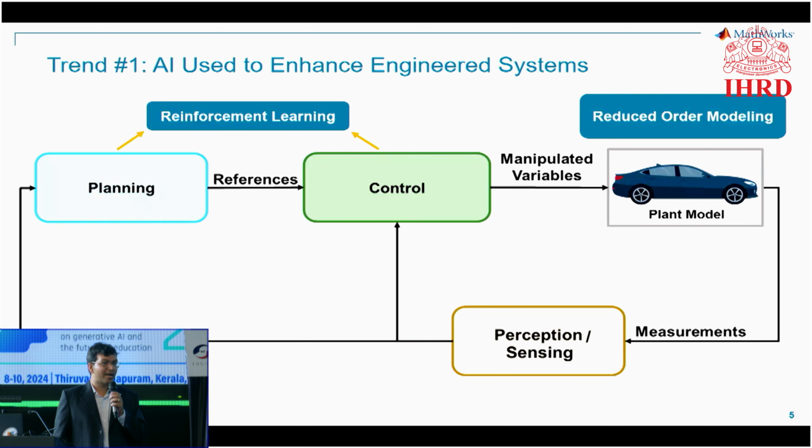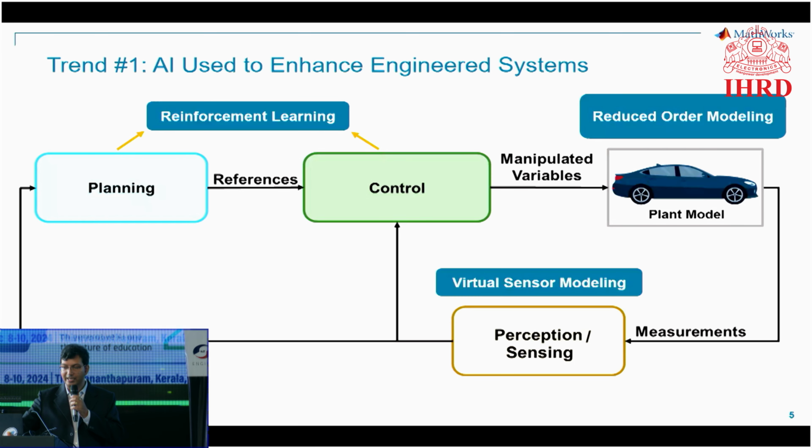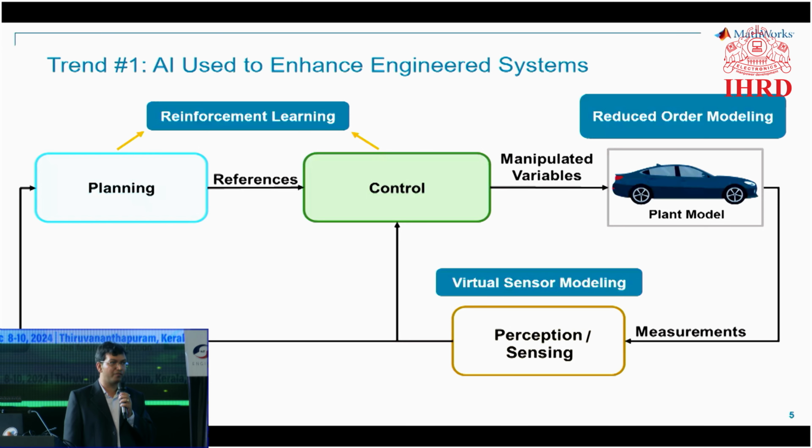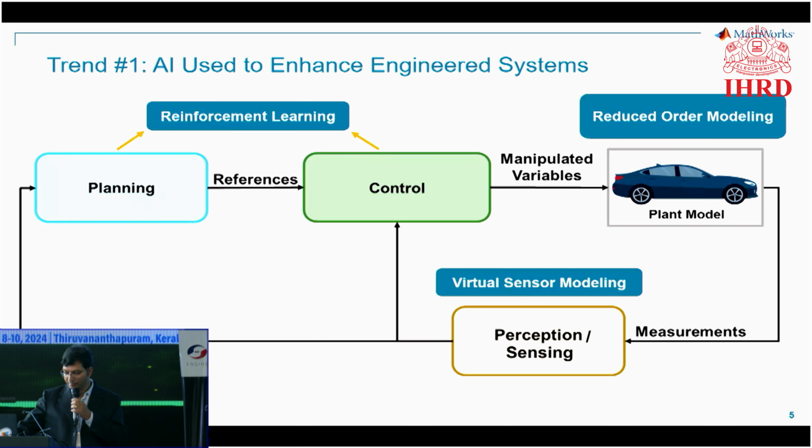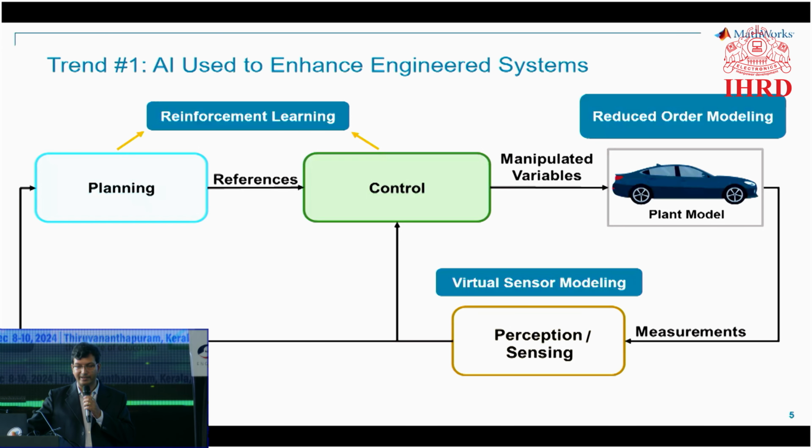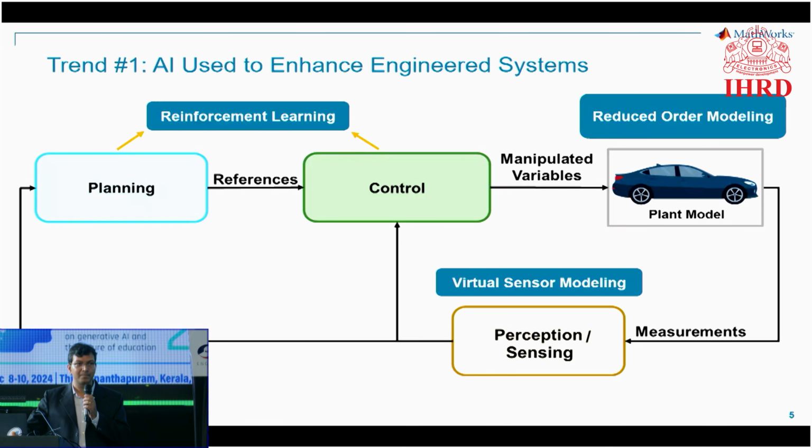Later on, I will look at something called a reduced order model. Okay, I will explain what that is later, and then finally we will look at one more use case of a virtual sensor. Okay. So let me take the first example of how people have leveraged an AI method like reinforcement learning for solving an important engineering challenge.